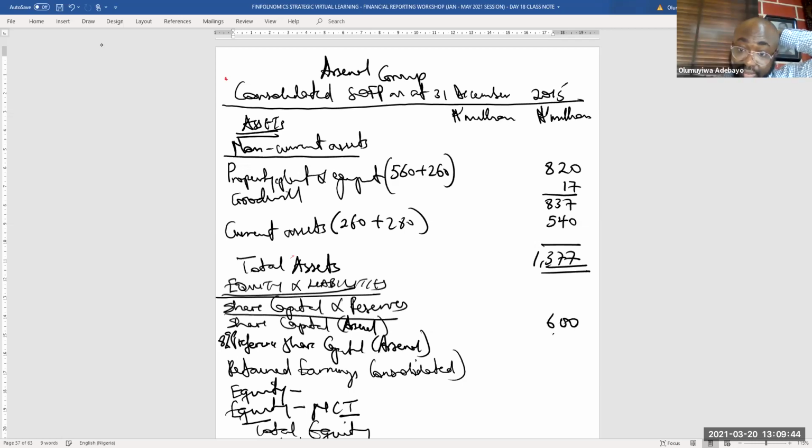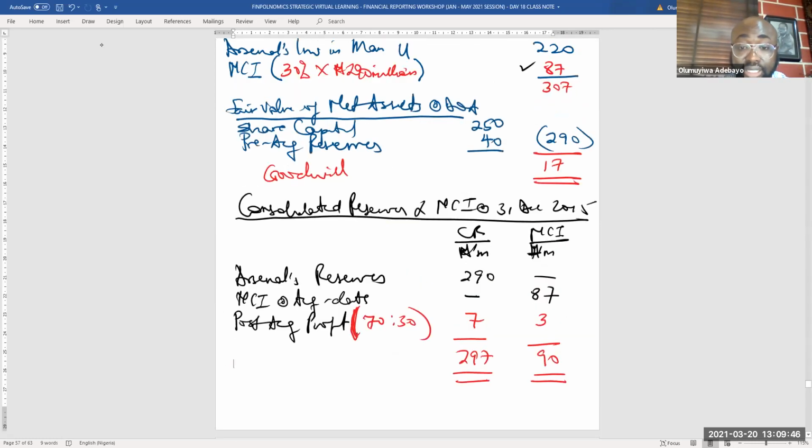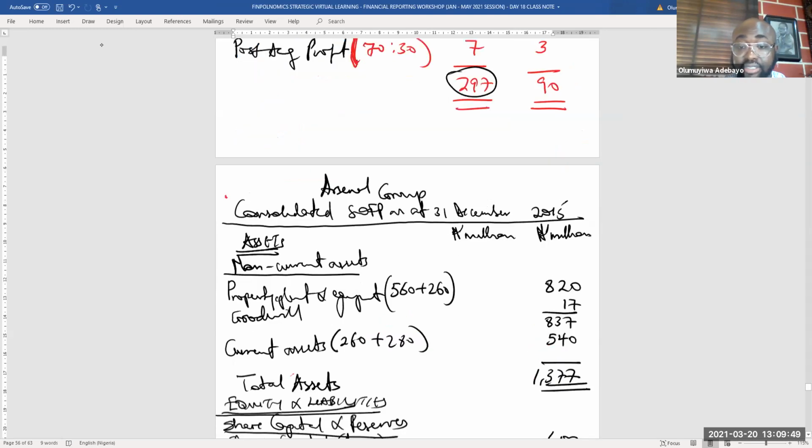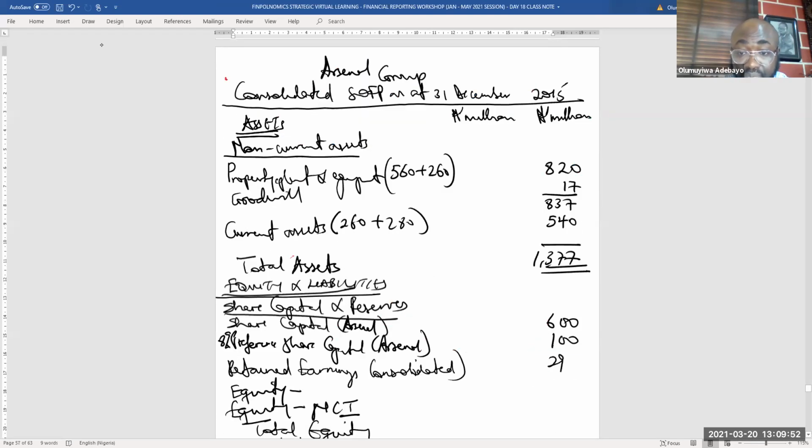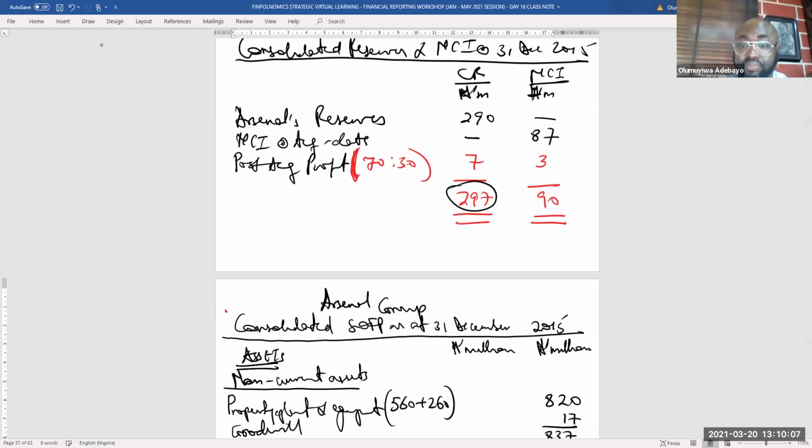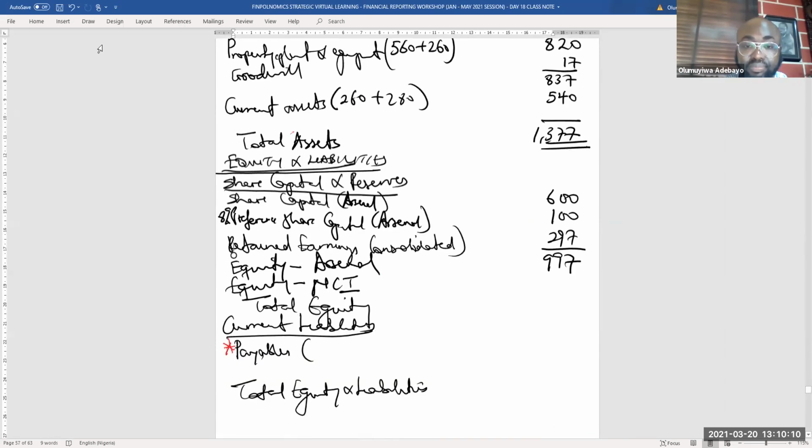This is 600, 100. Consolidated reserve, 297. Equity attributable to Arsenal, 297 plus 600 plus 100, 997. NCI, 90. That's 1,087. Now liabilities.